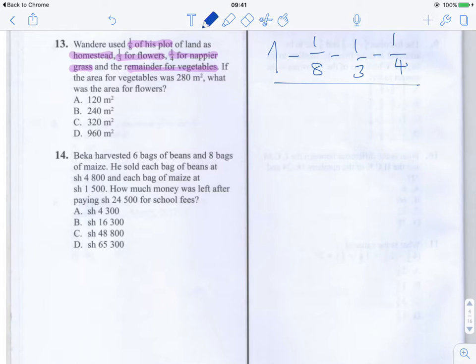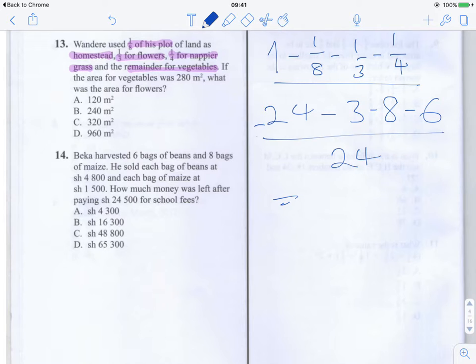So 24 over 24, take away 1/8, which in terms of 24ths would be 3 24ths, take away 8 24ths, take away 6 24ths.